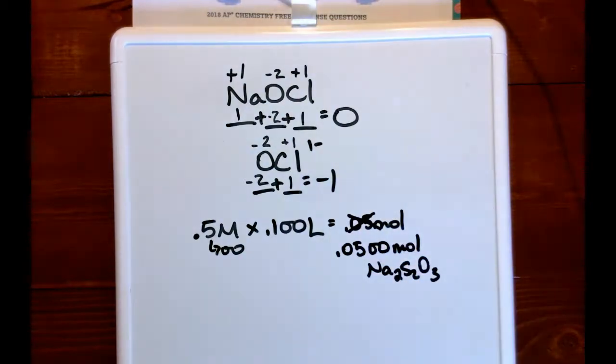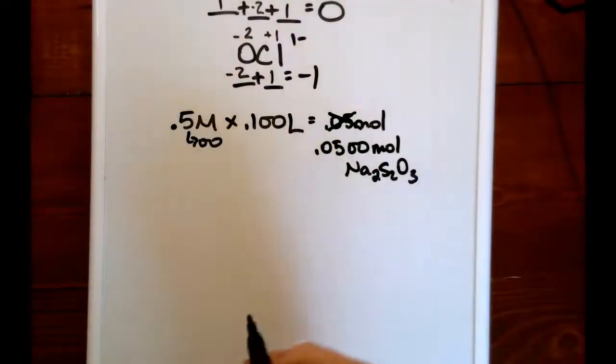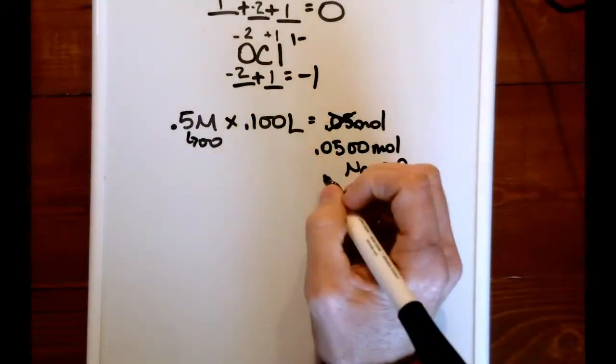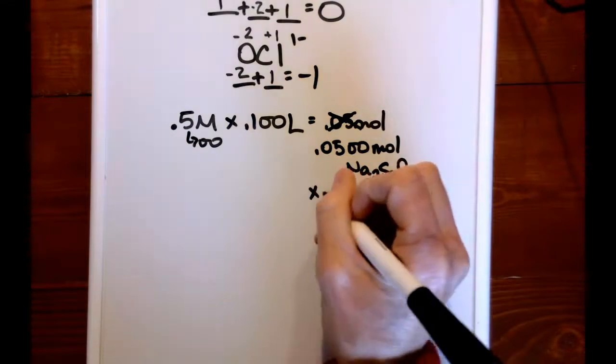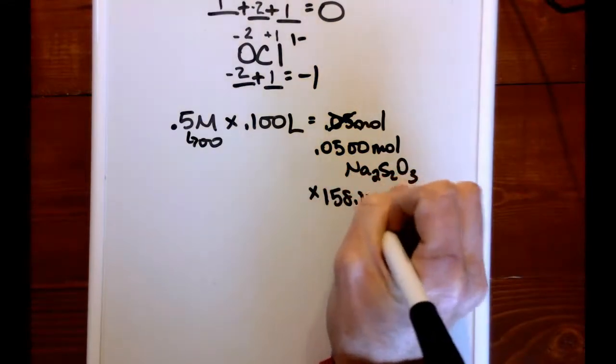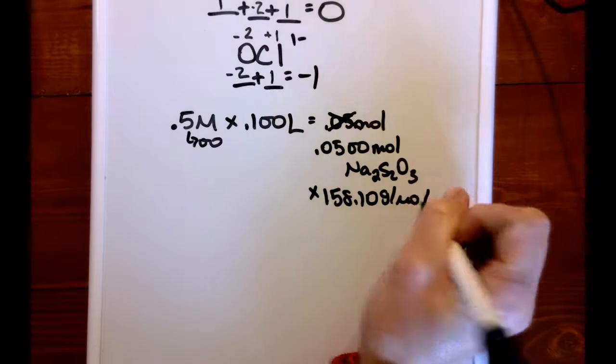Is what we get. And then for the grams, we would grab our periodic table, add up the molar mass. And when we do that, the molar mass turns out to be about 158.1 grams per mole.